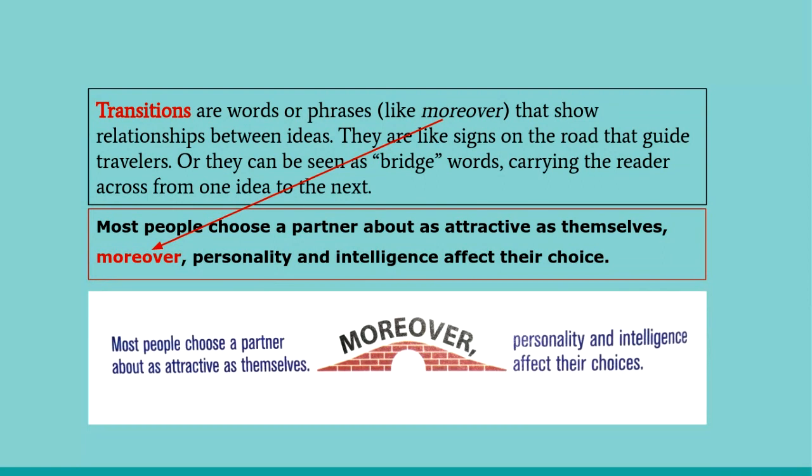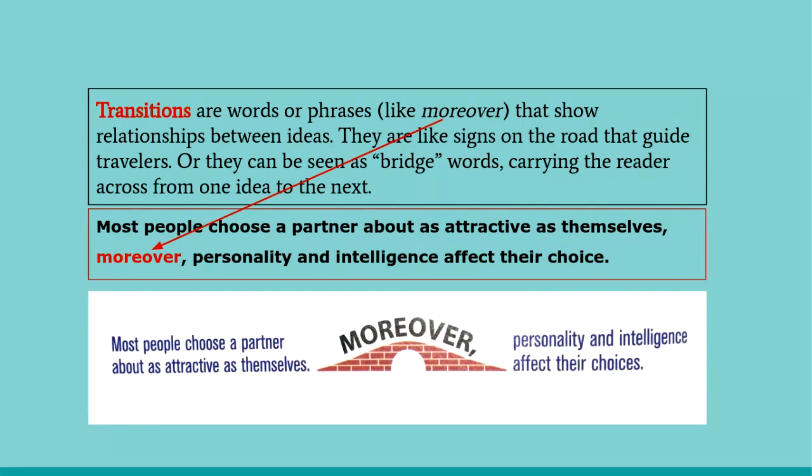Okay, here's an example of a transition in the middle of a sentence. Most people choose a partner about as attractive as themselves. Moreover, personality and intelligence affect their choice. And you can see here, moreover, used as a bridge. So you've got one idea, and that's people look at other people's attractiveness when they are choosing a partner or choosing someone to date or to marry.